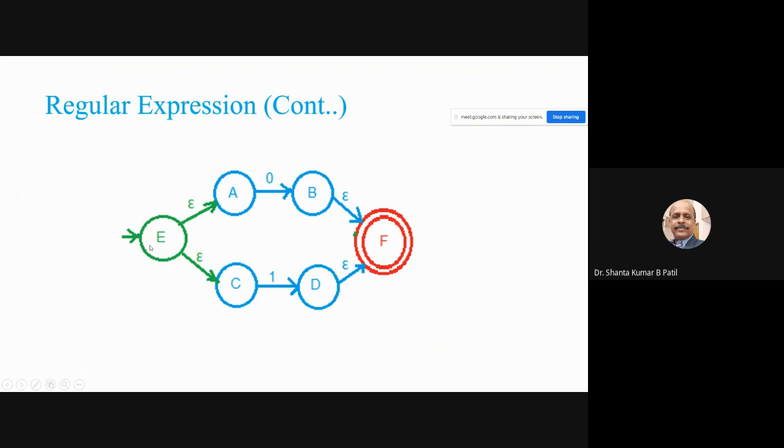That's why we need to use epsilon. If you use epsilon, now the regular expression 0 plus 1 is not disturbed.